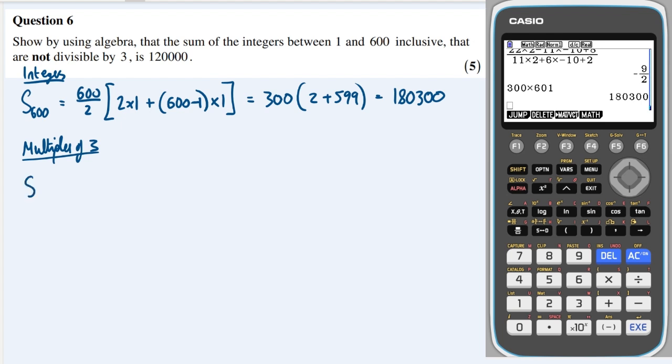So I'm going to sum up 200 terms because there are 200 multiples of 3 up to 600. So that'll be 200 over 2. The first term will be 3, so 2 times 3, plus, again, 200 minus 1 is n minus 1, and the common difference between the terms is 3.